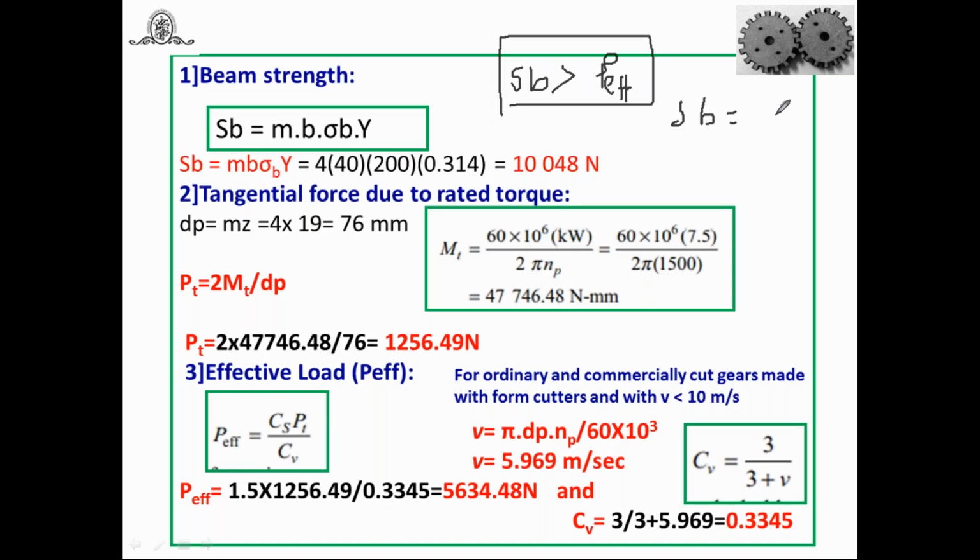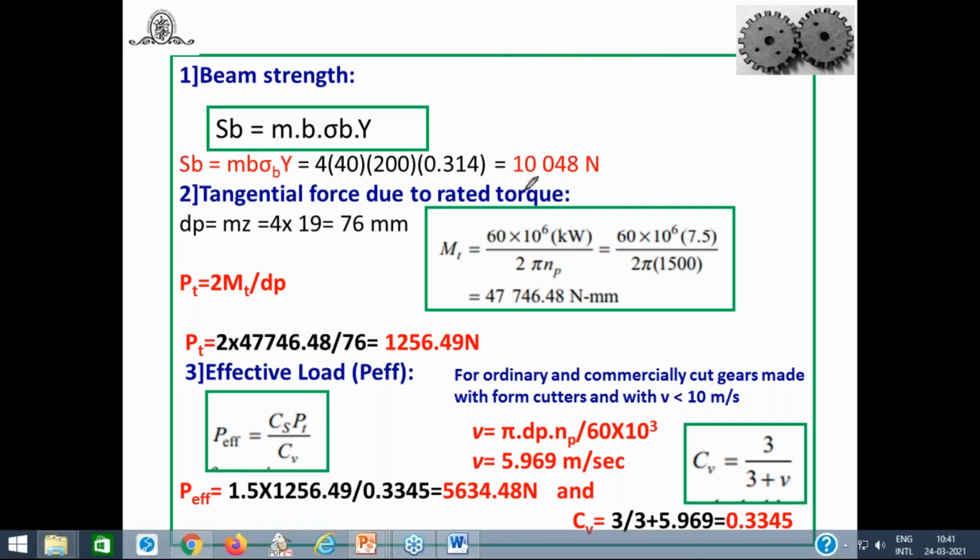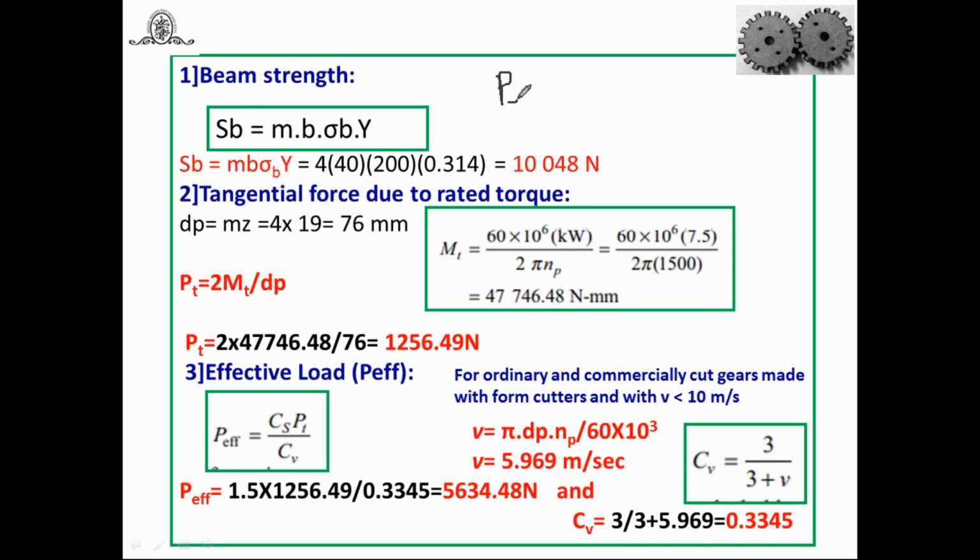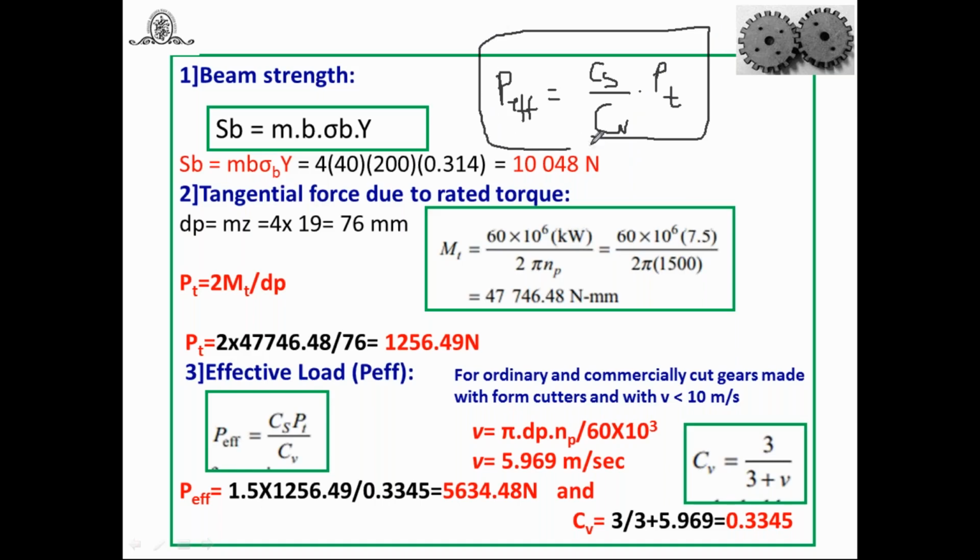Now we have SB, so we have to find P effective. Again, it is mentioned in the problem statement that we have to use the velocity factor, and you know very well the formula: P effective is equal to CS upon CV into PT. For the velocity factor, we consider dynamic load in the preliminary stages of gear design to account for dynamic load. This relation we are going to use.